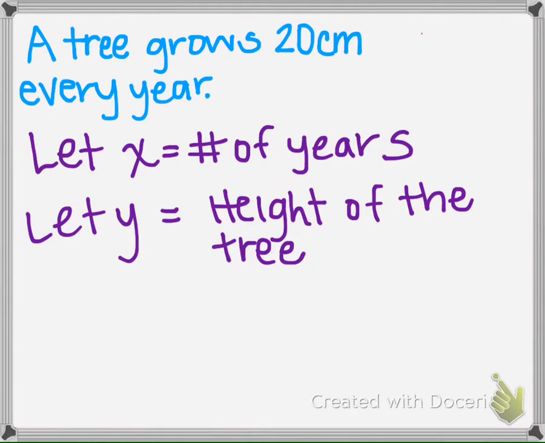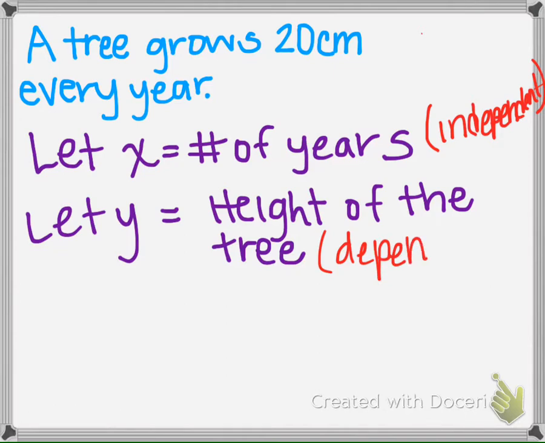Now, if I were to write an equation for a tree grows 20 centimeters every year, let x be the number of years, and typically the x is our independent variable, and we said that the independent variable was the number of years, and our dependent is our y. Now, if I write the equation for this, it would look like this.